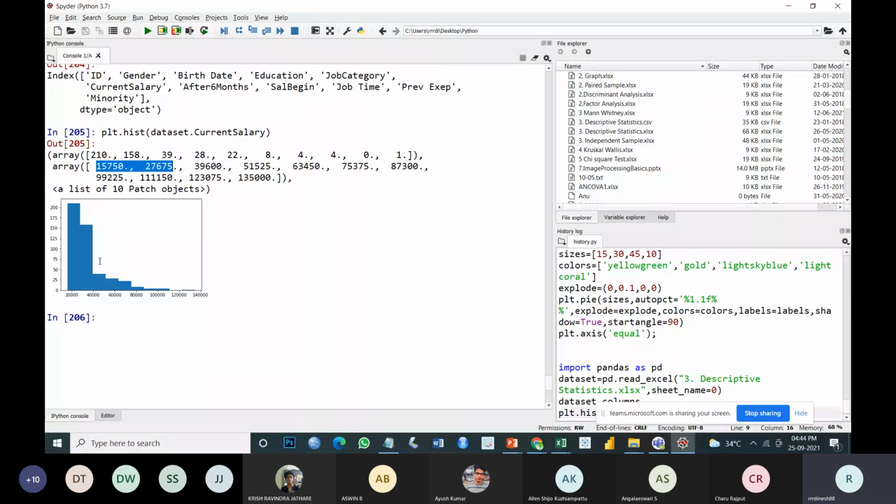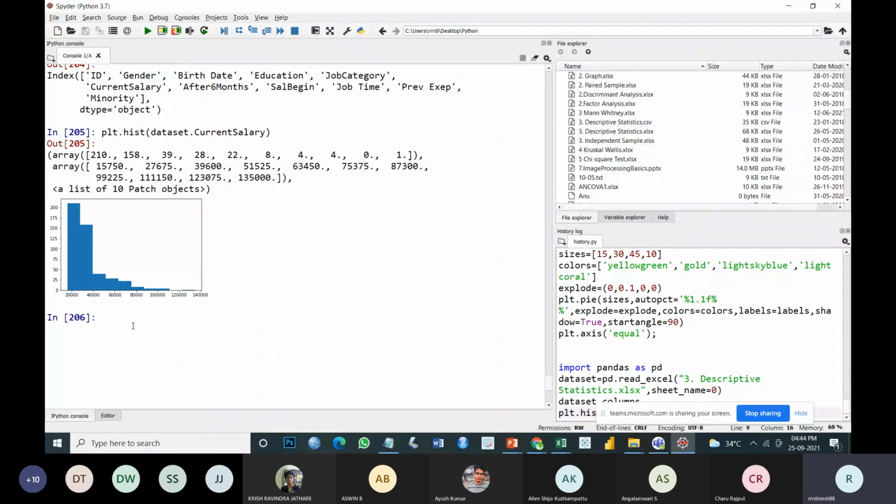Then 158 records are between 27,675 and 39,600. 39 employees are getting a salary between 39,600 and 51,525. So we can draw the hist function.